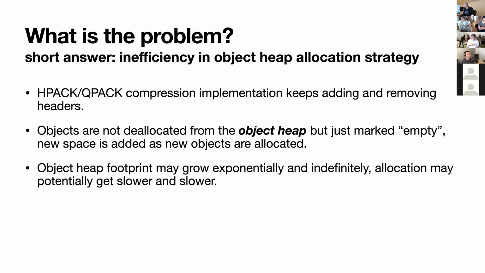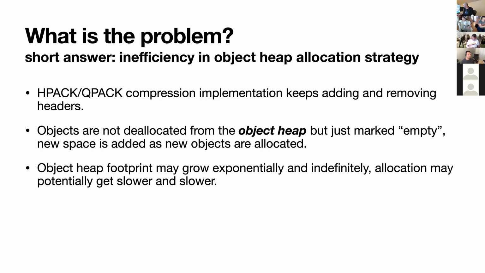And we never reuse those pieces of memory, we just allocate new. So if you constantly remove and add new header fields, for example, header heap will start growing and growing.